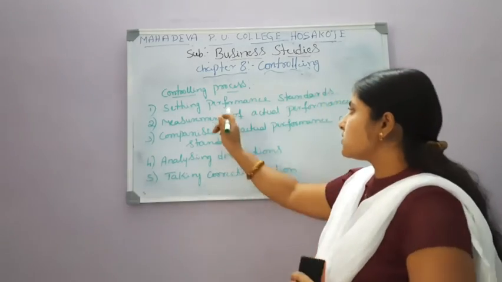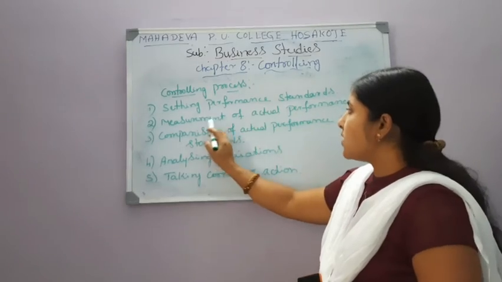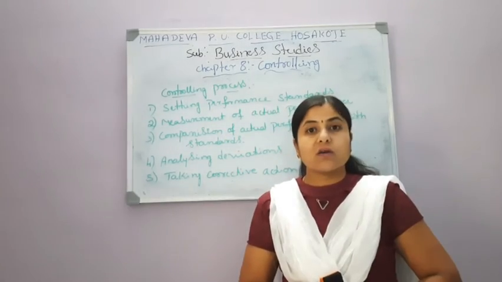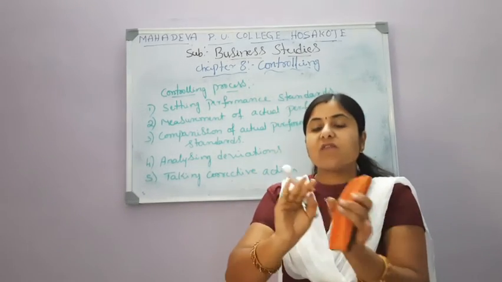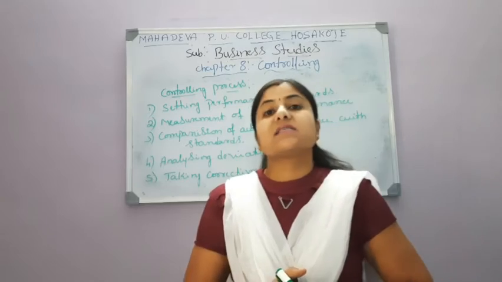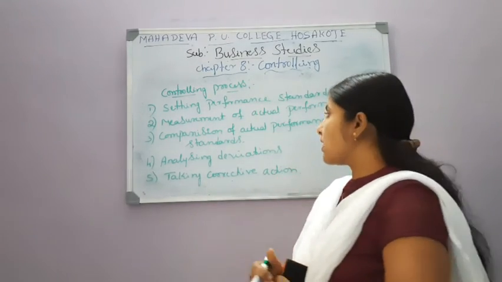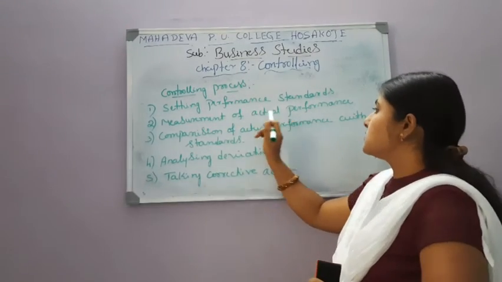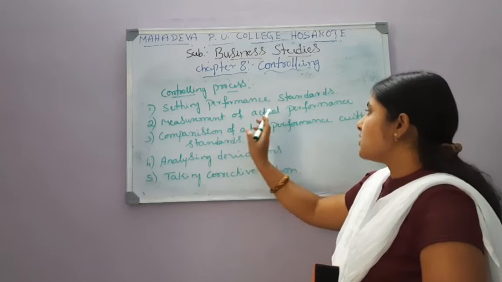So this is the first step, setting performance standards. The next one is measurement of actual performance. Controlling is nothing but measuring the actual performance against the standards. The main activity in controlling is measuring actual performance with the help of standards.